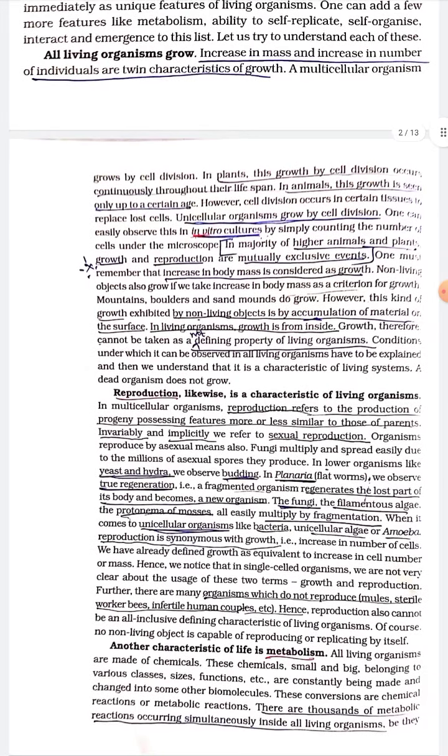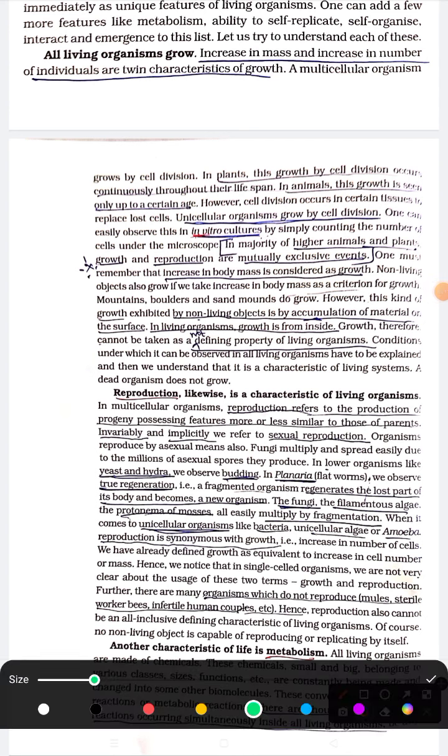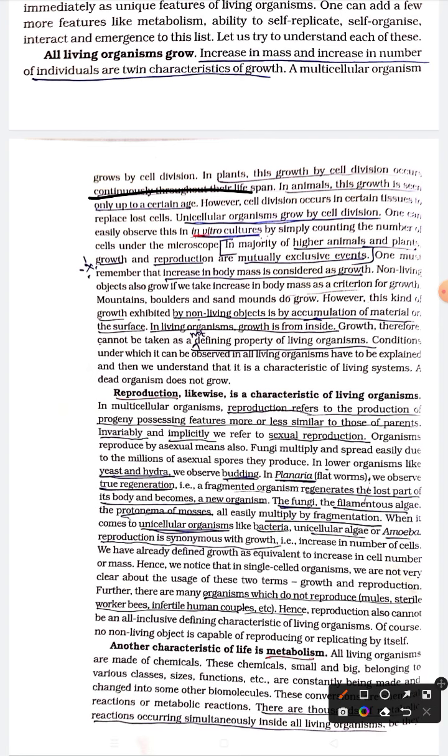Next, in plants, the growth is by cell division and occurs continuously throughout their lifespan.